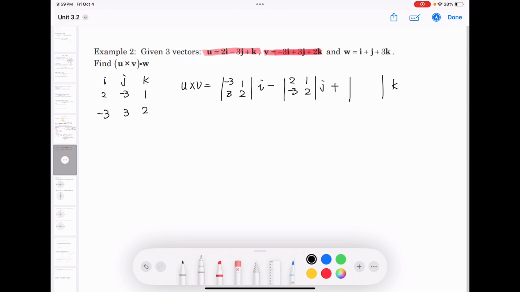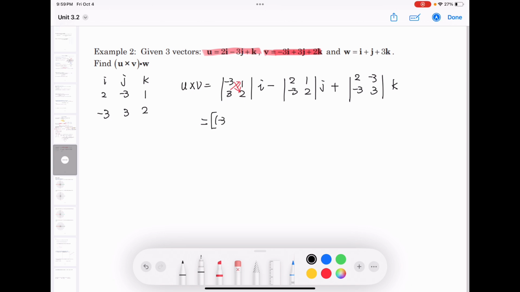And for the last one, cross out the K horizontally and vertically. So 2, -3, -3, 3. Okay, let's find the determinant and find the cross product. So down, up, down, up. I can draw the first direction. Down, up, down, up.